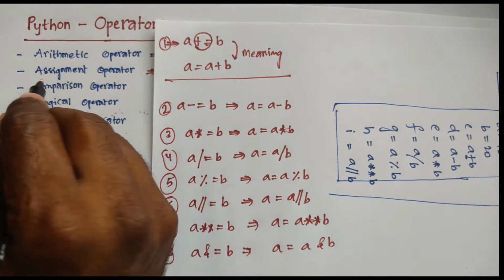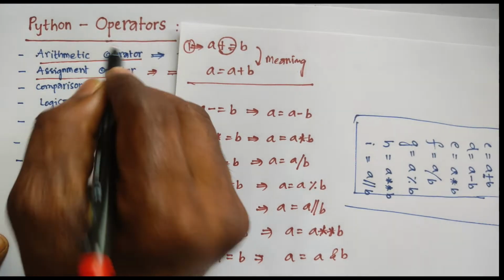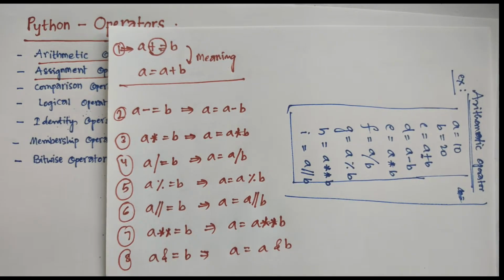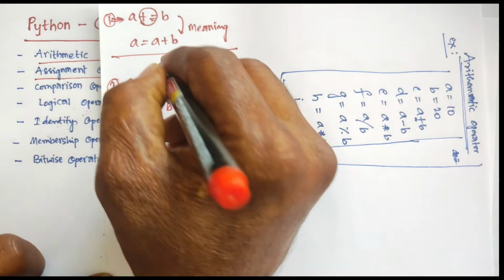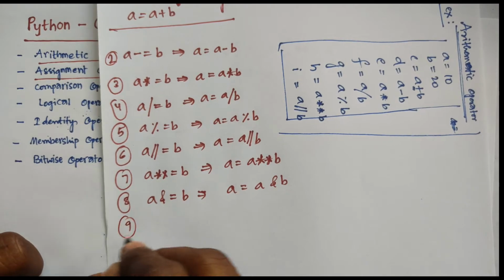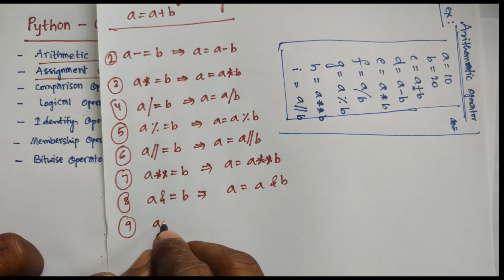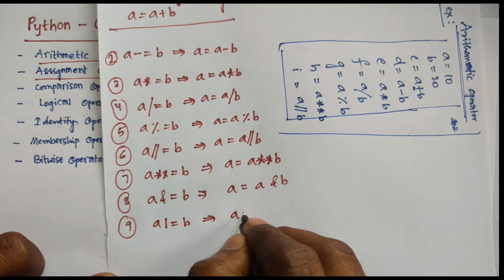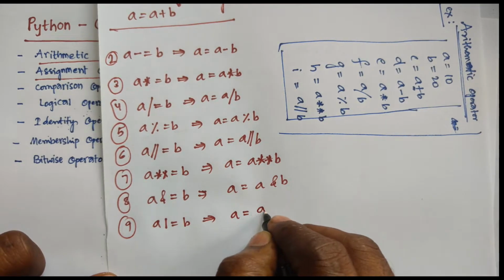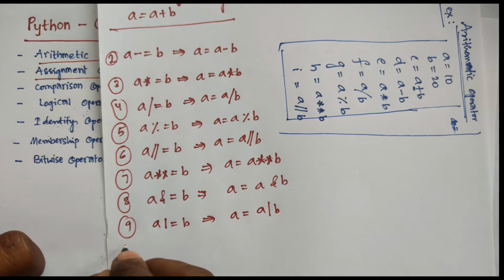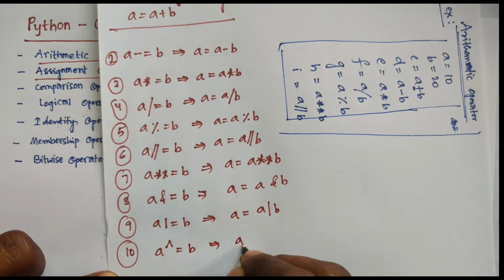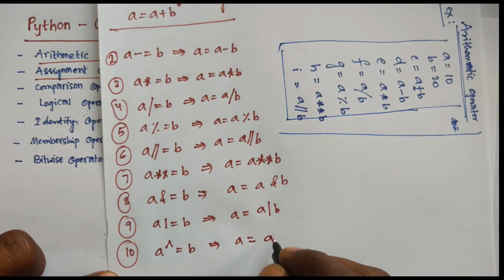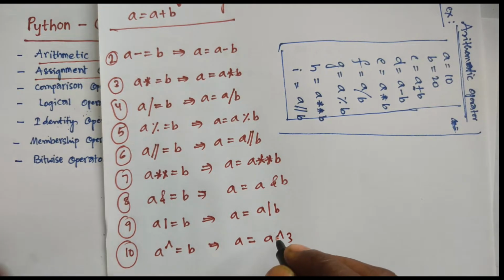Okay, these are the examples for assignment operators. Previously we discussed arithmetic operators. In assignment operators, there is one more, a or equal b value. Next is the tenth one, a cap symbol equal b, that is a is equal to a cap of b value.